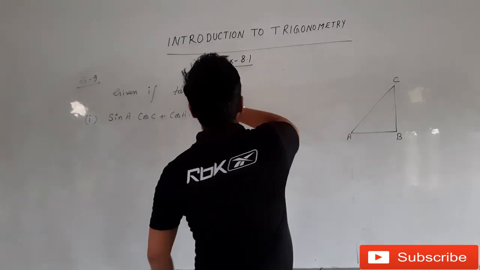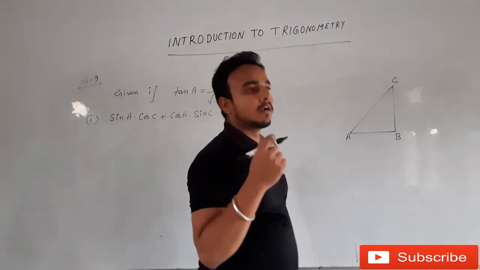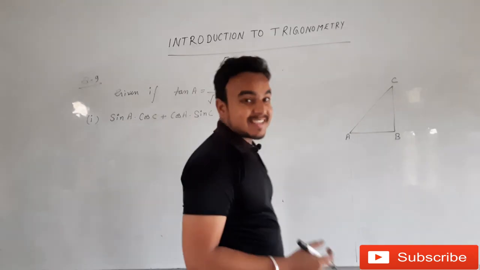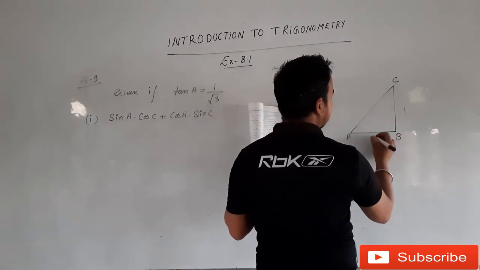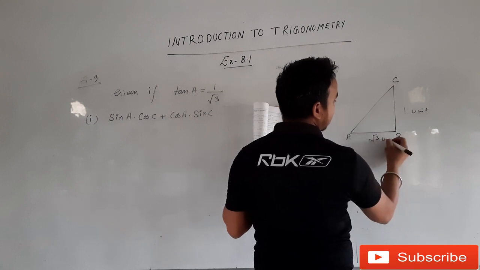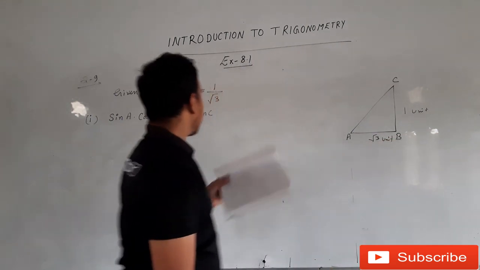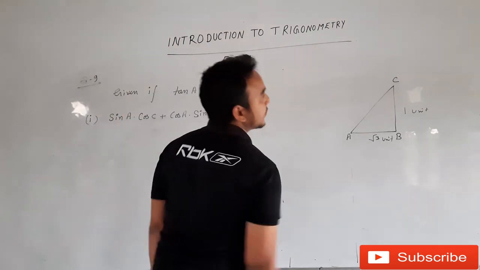The given value is tan A is equal to 1 by under root 3, and we know that tan A is equal to P by B. P by B means this will be 1 unit and this will be under root 3 units. For finding this value, we have to calculate AC.